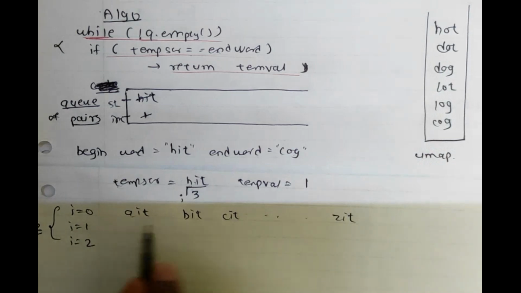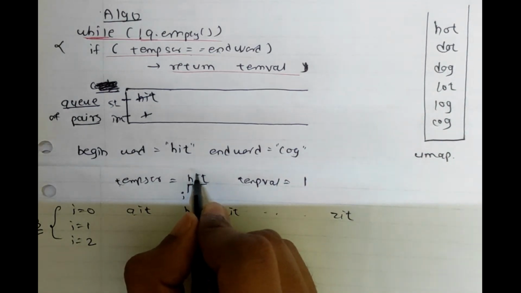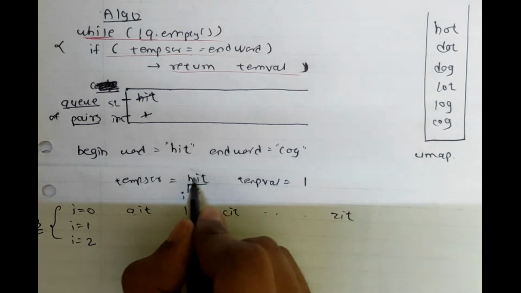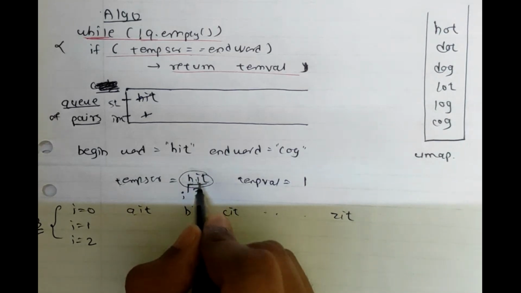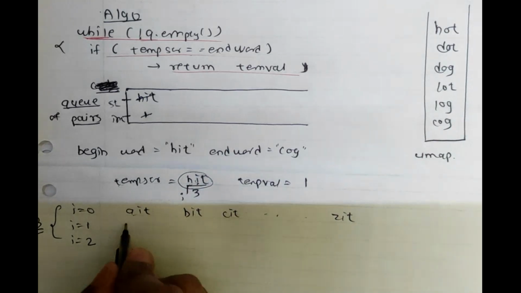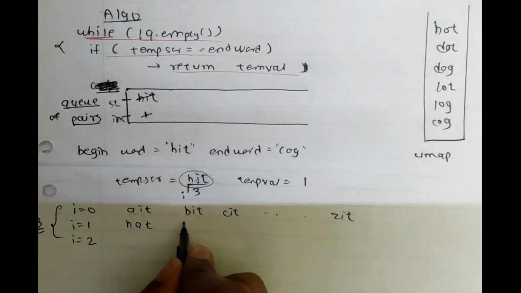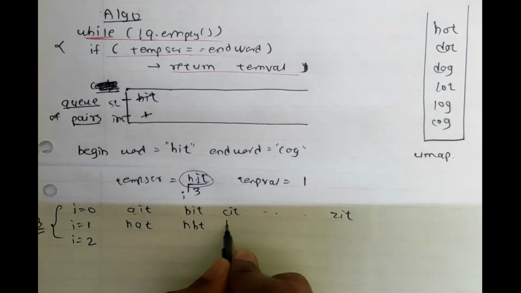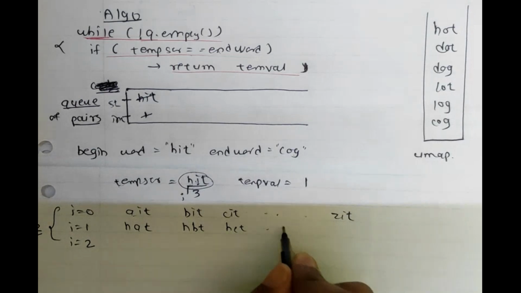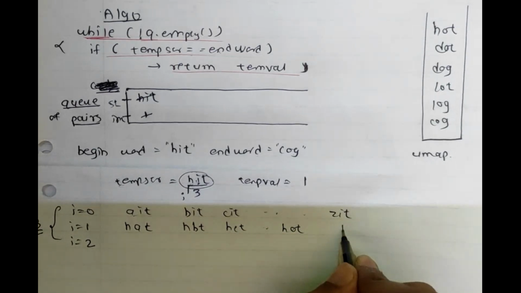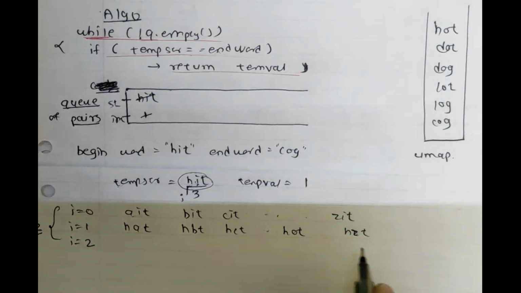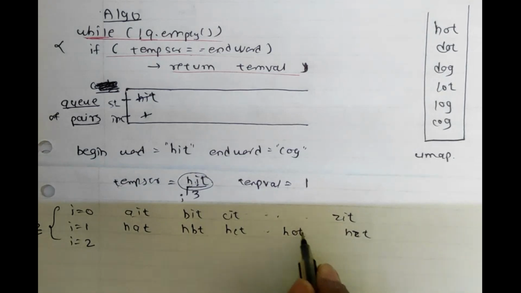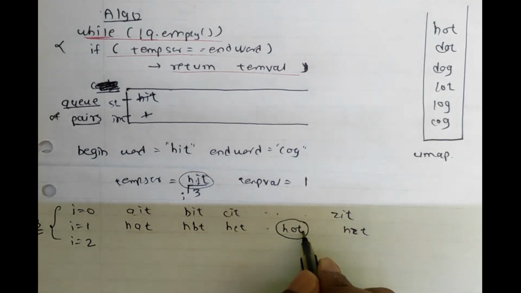So i equals 1 means the index 1 of the temp str will get replaced from A to Z. So HAT, HBT, HCT, HOT, HZT. Is anyone present? Yes, HOT is present.